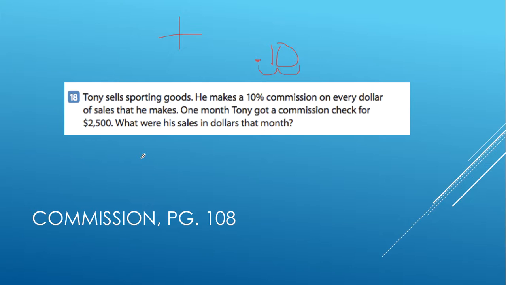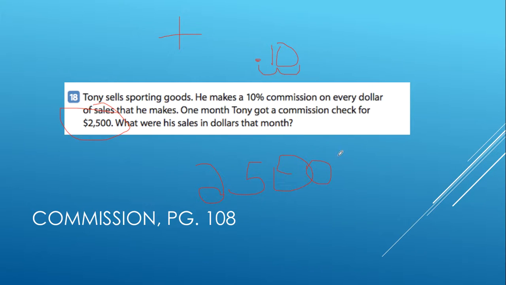So you want to do 2,500, and in this case, because we normally would multiply, we're going to do the opposite, and we're going to divide. So here's what his check was. So you would have this 2,500.